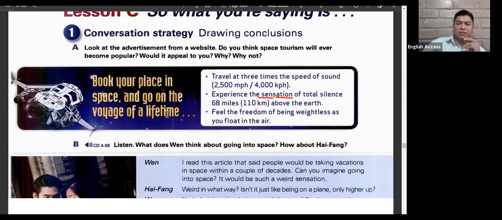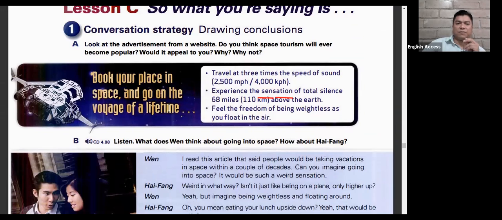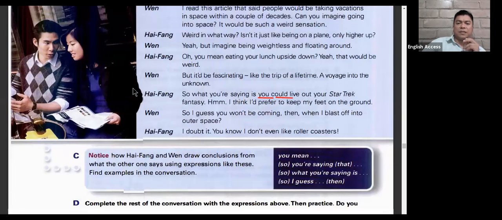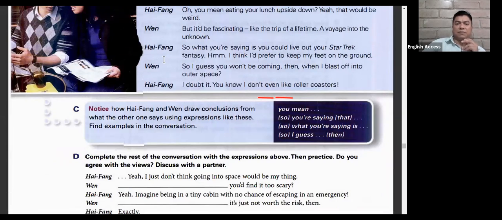Lesson C, we saw some expressions. The expressions are for drawing conclusions: you mean, so you're saying that, so what you're saying is, and so I guess then. With these expressions, you are drawing conclusions from what people tell you.